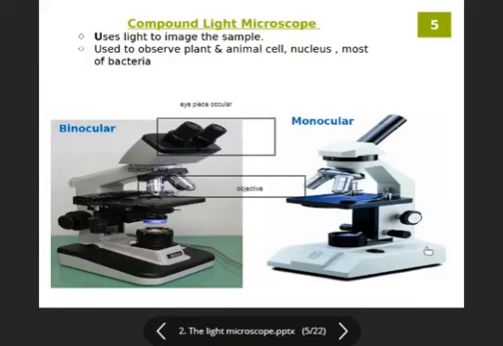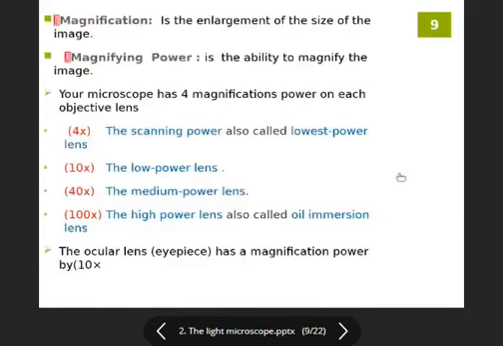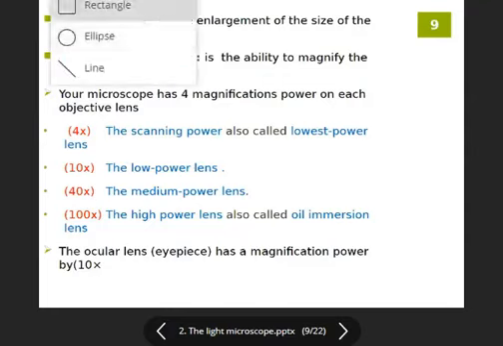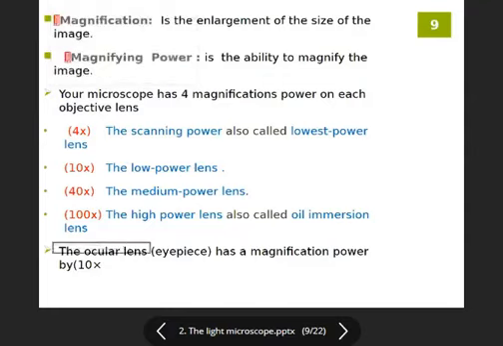This is very important to understand. So see in this picture, the ocular lens. I have told you the ocular lens is also called the eyepiece. But the important thing is that the magnification power is fixed, 10x.